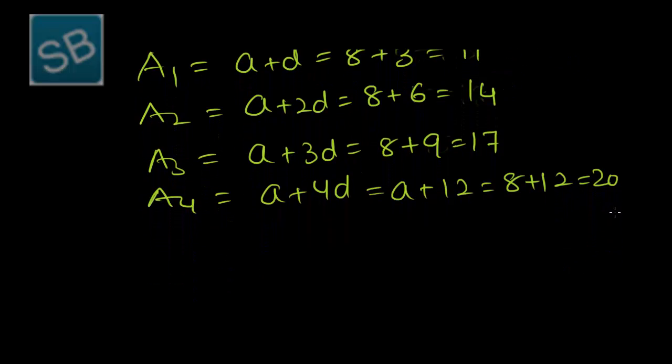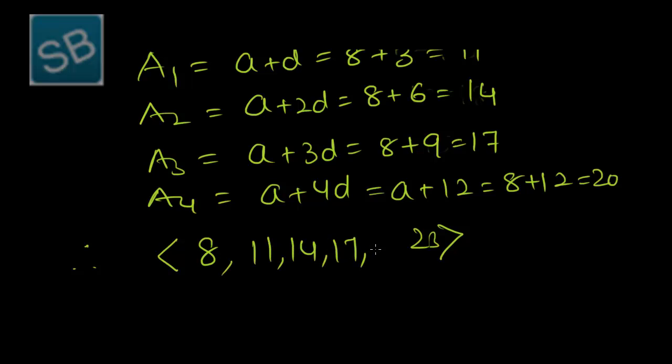Therefore, the 4 arithmetic means between 8 and 23 are 11, 14, 17 and 20.